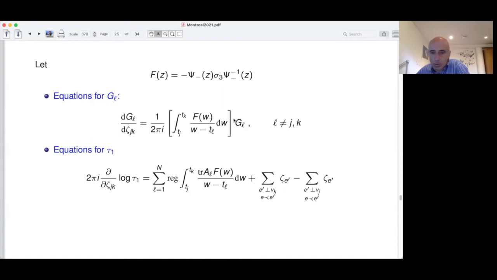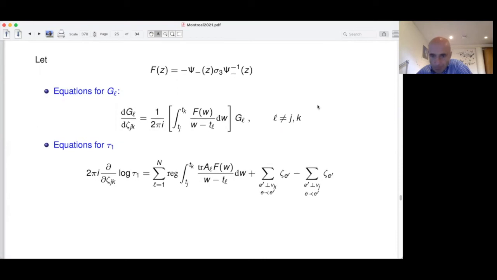In contrast to the usual Schlesinger system, there is this integral, and this integral involves the psi function. The psi minus means just the psi function on one side of the edge. So you put it here, and there is this non-local term. But it's still rather precise.